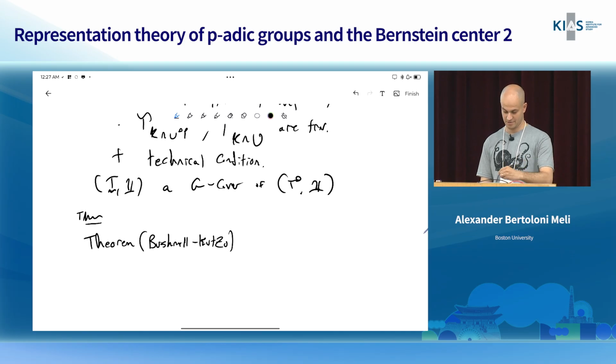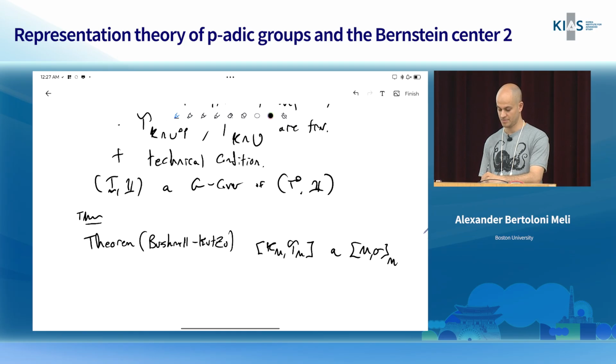And the theorem is that K_M tau_M is a M sigma_M type implies K tau a M sigma G type.